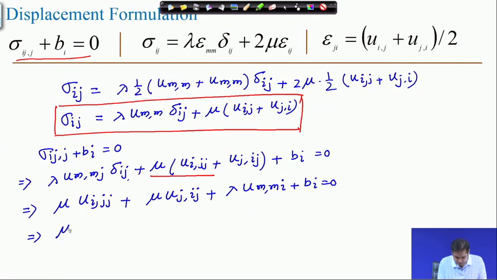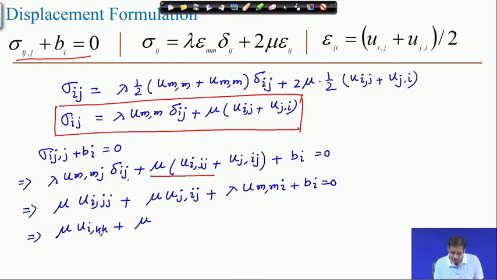Here j is the repeated index, so j is now the dummy index; m is also a repeated index, so m is a dummy index; here also j is a dummy index. So, let us write all these dummy indices as k.